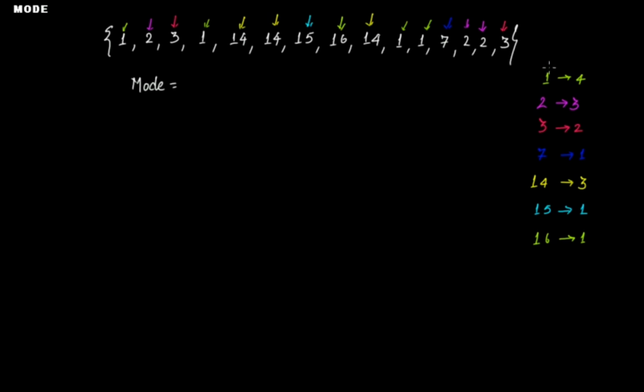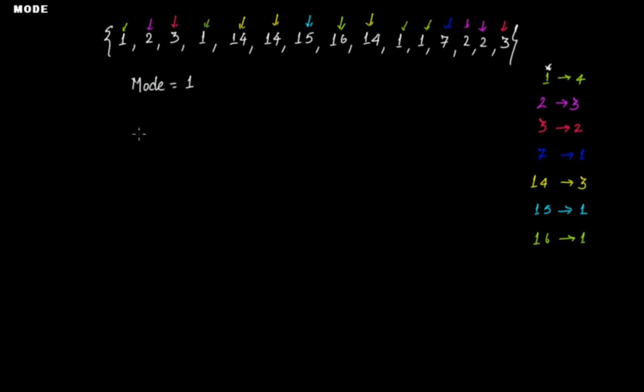Now clearly 1 is that value or number that is occurring 4 times, and that is the maximum number of times out of all the numbers in this given data set. Therefore, mode in this question will be 1 for this data set.